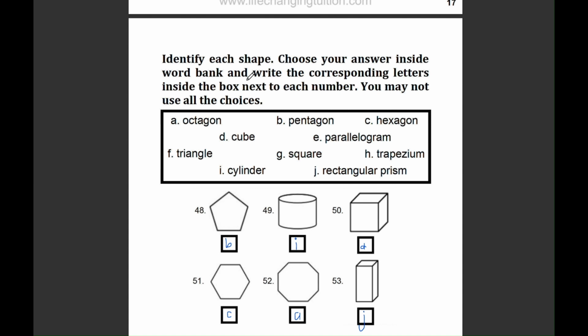Why not? Not 6 or 8 sides, not a 3D solid. Answer: B, pentagon. Reason: 5 sides.